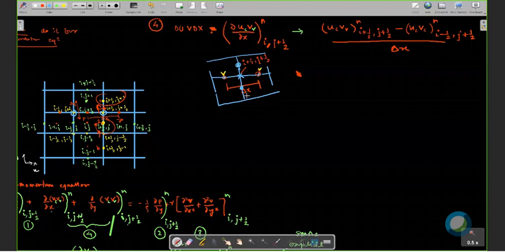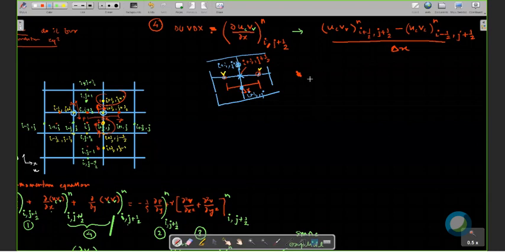So this one is nothing but i plus half, j, and this one is i plus half, j plus 1. Okay. So you have to take these two.